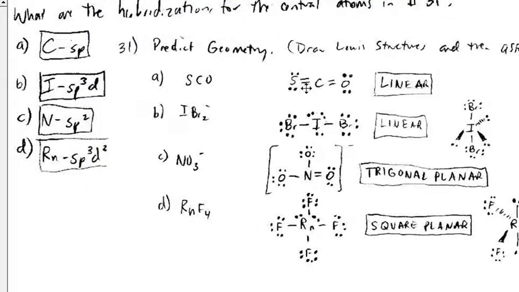We look at the central carbon, there are 1, 2 unique connections, so it should be sp hybridization. We look at the central iodine for part B, there's 1, 2, 3, 4, 5 total things around it, so sp3d to get to 5 orbitals. Look at the nitrate, 1, 2, 3 unique connections, sp2. And if we look at the radon in the center here, 1, 2, 3, 4, 5, 6, with 1 and 2 being these pairs of electrons, so that's sp3d2.